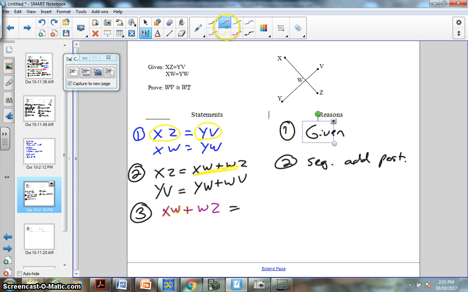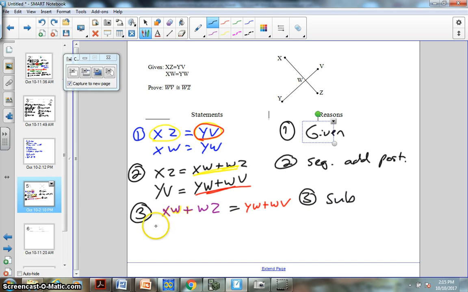And then I see my YV right here, so I'm going to replace YV with that. YW plus WV. Okay? Now, is there anything in common on those? Because I see my WZ right here, and I see my WV, so I see I'm almost done, but these are not the same.